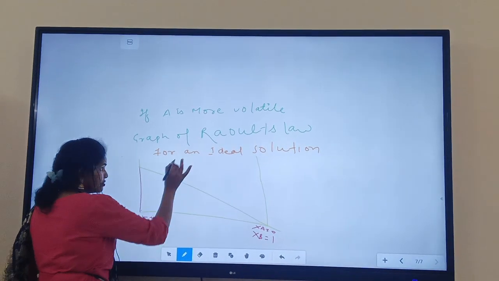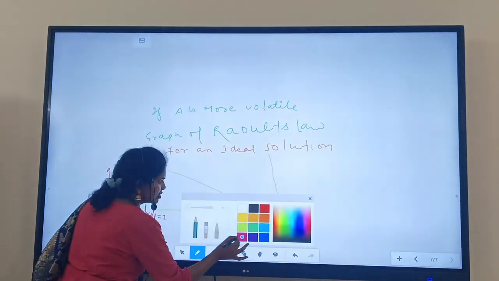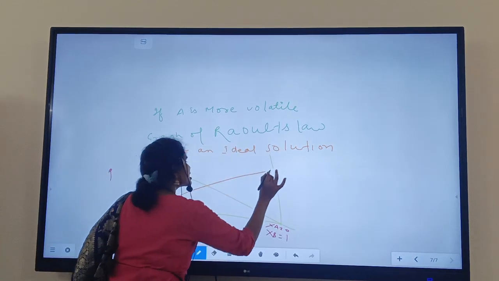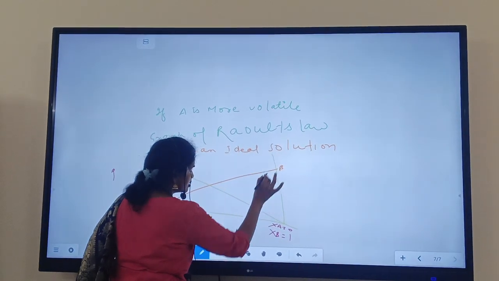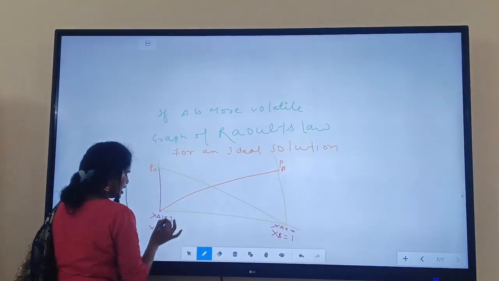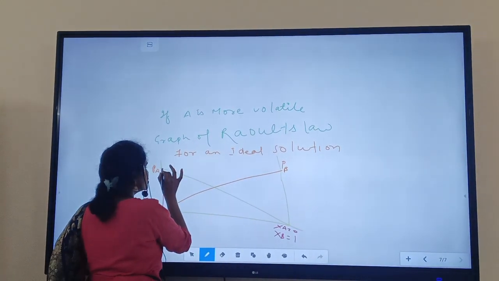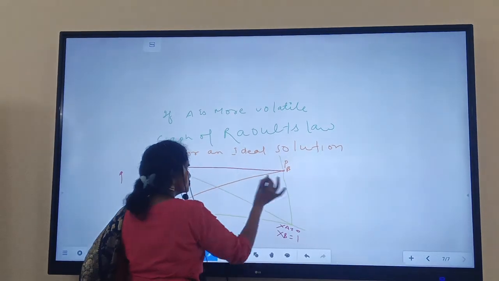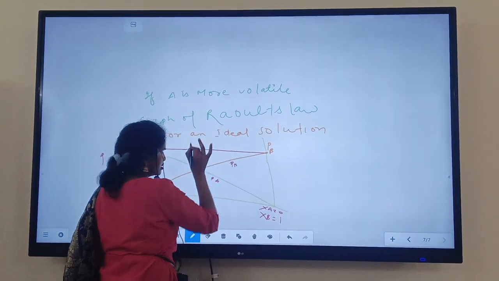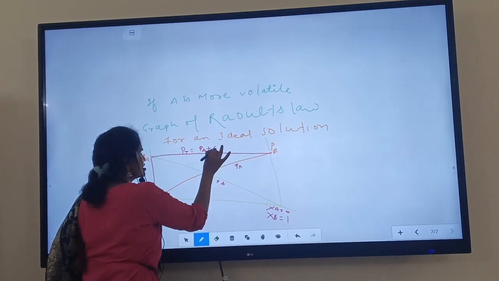When A is more volatile than B, the vapor pressure of B is less than A. Here PA is a straight line function, and this one is PB. It means PA plus PB.